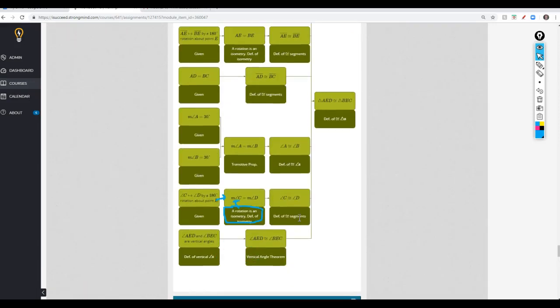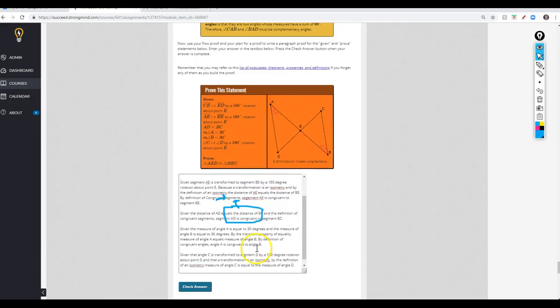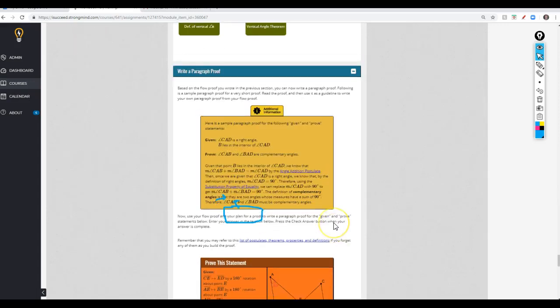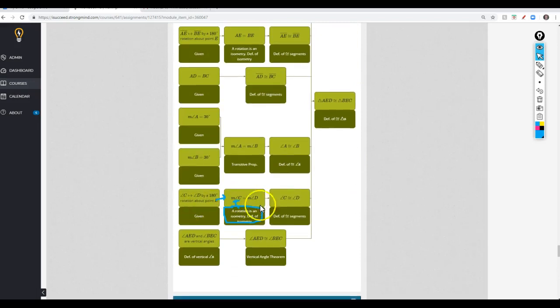So now again, we're going to move to the next set. By definition of congruent segments, we can conclude that angle C is congruent to angle D. Alright, by definition of congruent segments, angle C is congruent to angle D. And then now we're moving on to the next setup of our flow statement.